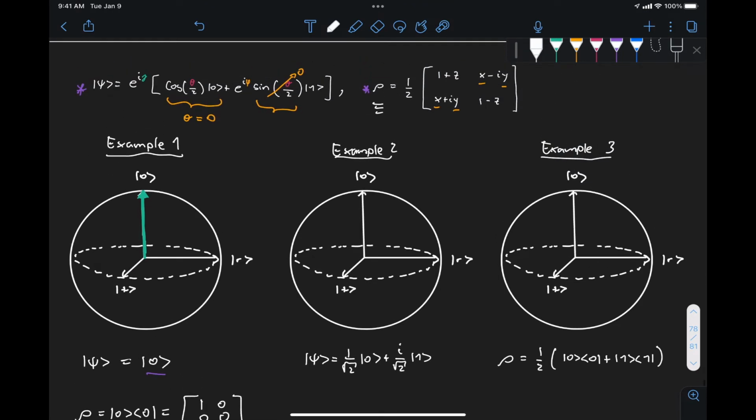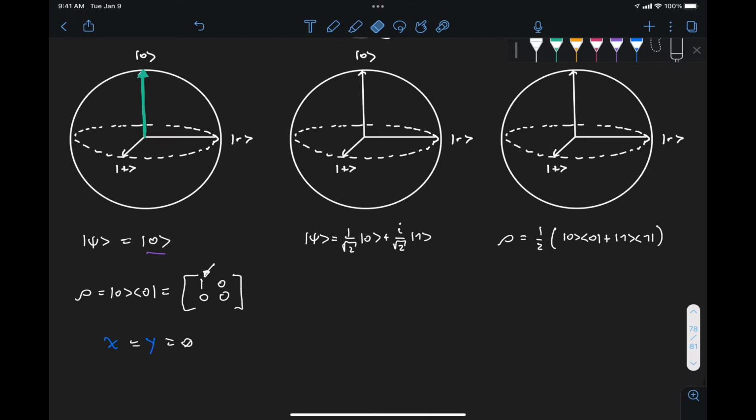And then if we look at the diagonal terms, we see that we have a 1 in this first element here. That means that z must be equal to 1, so that when we multiply by this 1/2 and add up 1 plus 1, we get an element of 1 here on the top left corner. Now, if z is equal to 1, then this 1 minus 1 is going to give us 0. So that gives us the correct density matrix.